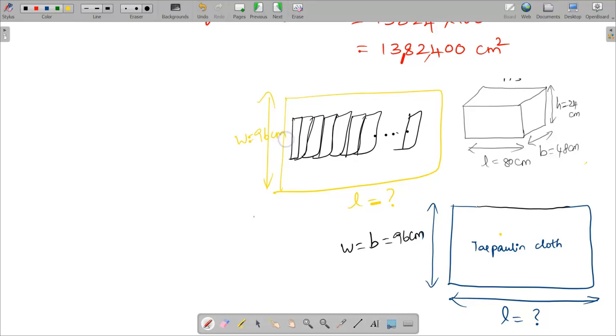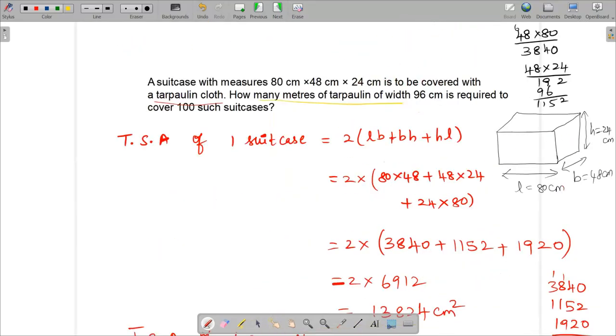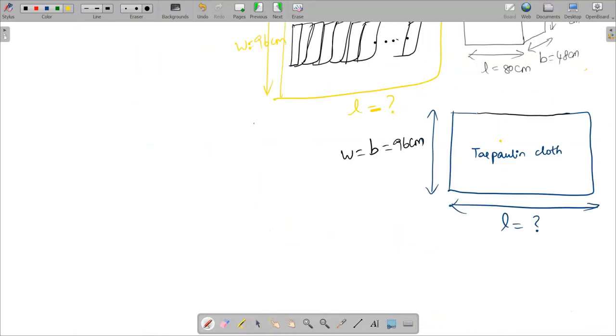And again they are asking how many meters of tarpaulin cloth. Here everything is in centimeter. Finally we have to convert centimeter into meters, because they are asking the measurement in meters.